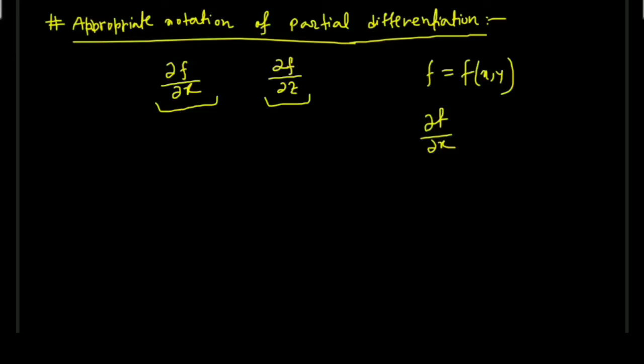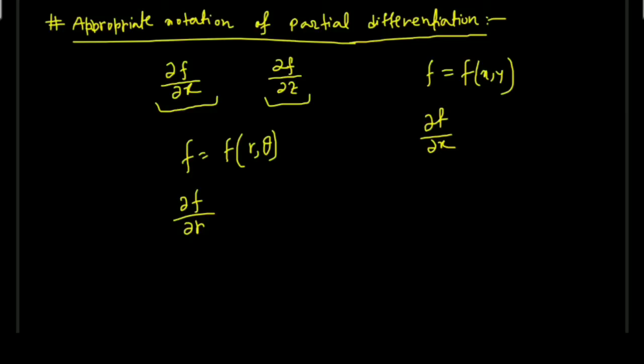Similarly, if it is a function of r and theta in polar coordinates, and we write del f del r, then obviously theta is constant. So there is no need to mention this kind of thing. But sometimes confusion comes because many dependencies are possible and so many constants are possible.